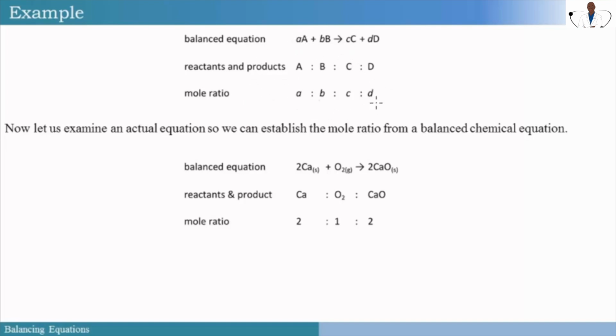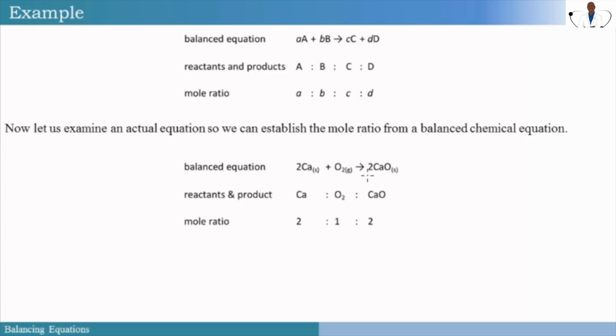And that is what we use to balance the equation. Here is an example. The balanced equation here is 2 calcium plus oxygen to produce 2 calcium oxide. So the reactants would be calcium and oxygen, and the product would be calcium oxide. The mole ratio or stoichiometric ratio will be 2 to 1 to 2.